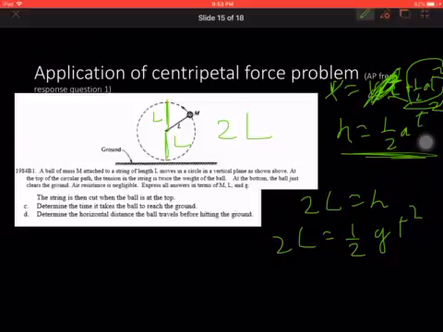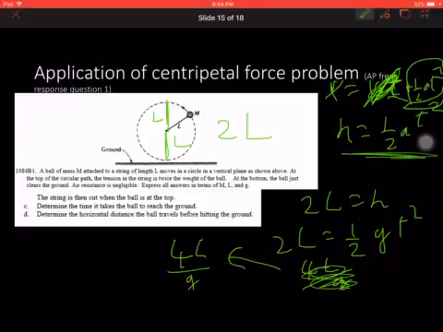We solve for T. When you get the 2 and the G to the other side, we get T squared equals 4L over G. And take the square root.